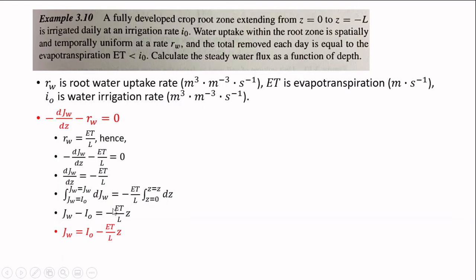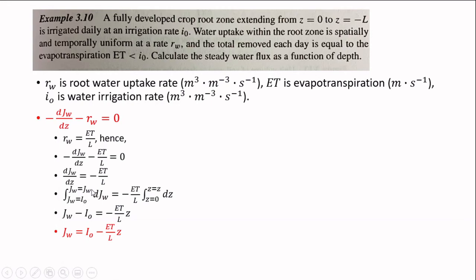Then you can rearrange it for integration. You integrate from the initial stage where the water is provided from the irrigation, which is the place where z equals 0. At z equals 0, the irrigation rate is I0, which is exactly the water infiltration rate.